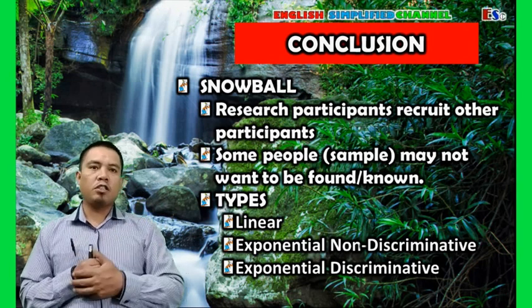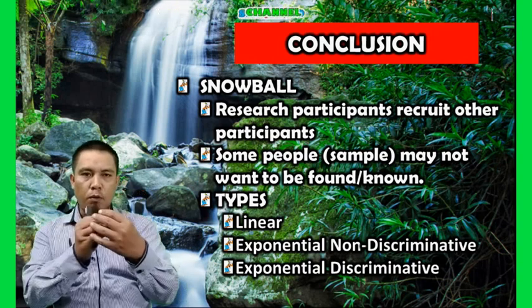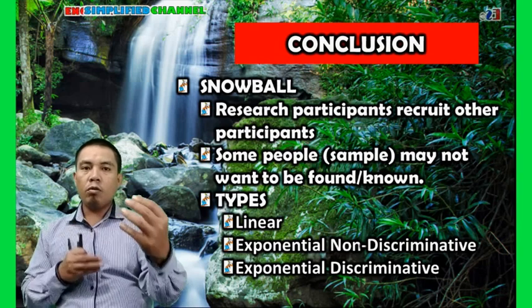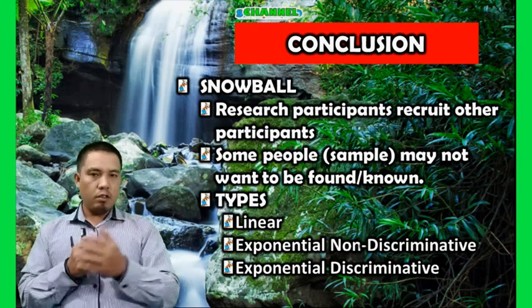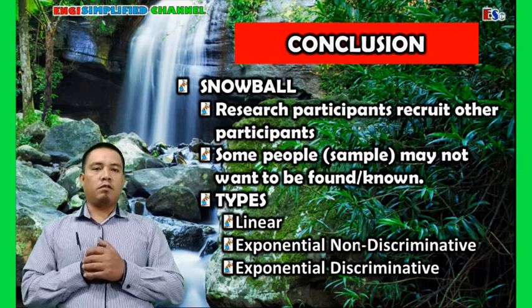While exponential discriminative, from the people given by the sample, you don't include them all, but just choose one from them.